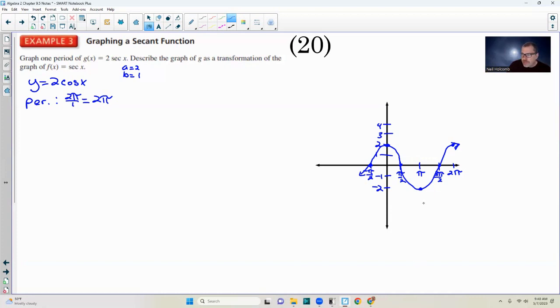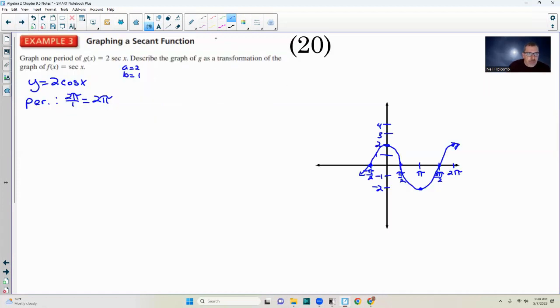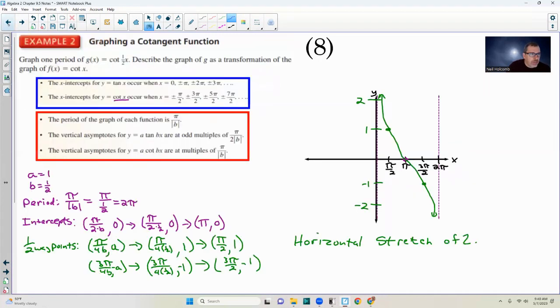All right, so now that I've graphed the cosine of 2 pi, remember what it said in our core concept. Where are their vertical asymptotes? The domain of secant x is all real numbers except odd multiples of pi over 2. So at pi over 2, we are going to have an asymptote. Let me just copy this from the previous page so I don't have to draw a new one.